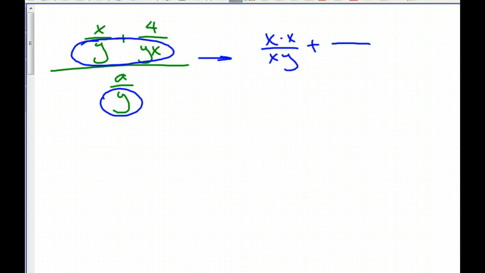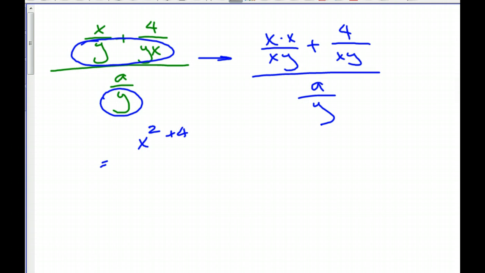Nothing. And that equals what? X squared. Okay, one fraction over one fraction. Now I can invert and multiply.